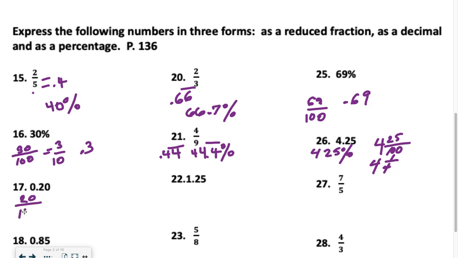20 over 100 as a fraction, 1/5 reduced, 20% when you move 2 to the right, decimal to percent. 125% when you move 2 to the right, 1 and 25 over 100.